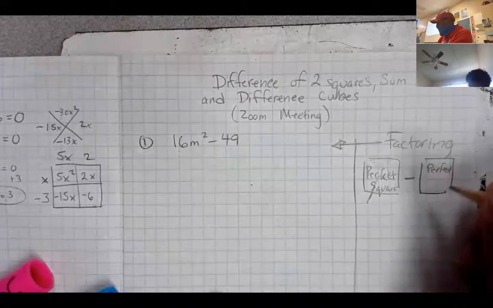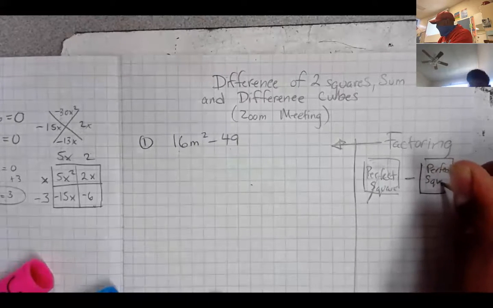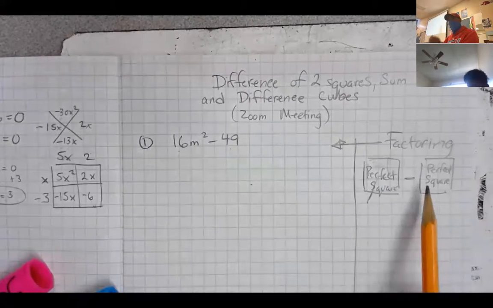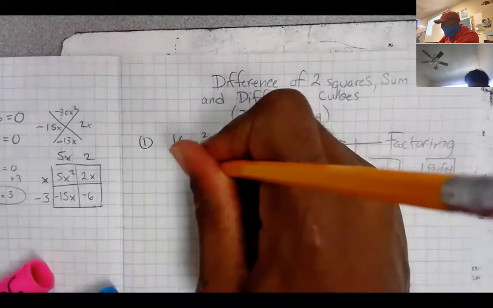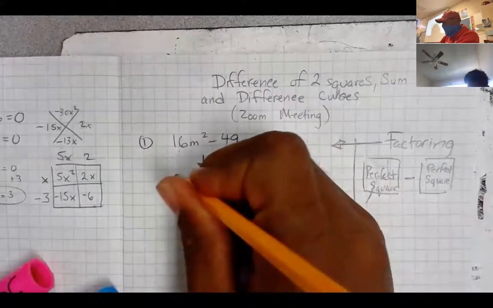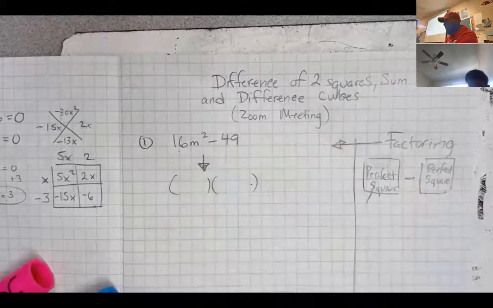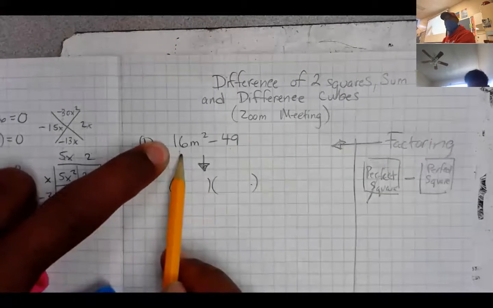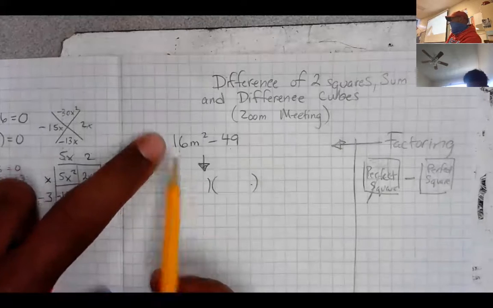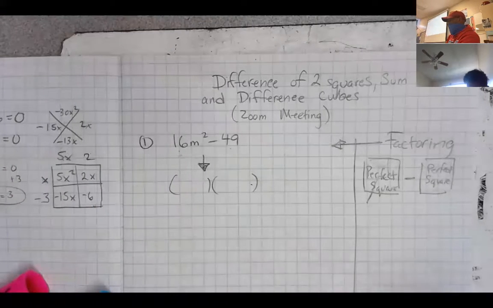And remember, it has to be minus. In order for this to work, it has to be minus. If I have one perfect square minus another perfect square, then I can go straight to the factors, okay? And the way I do that is I'm just basically going to square root the first number. That's going to be my first term.